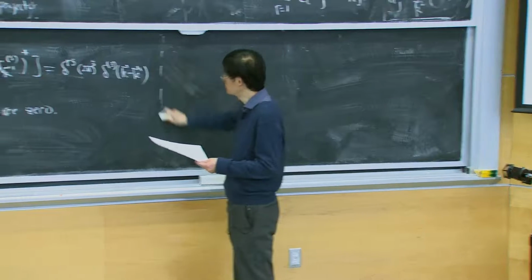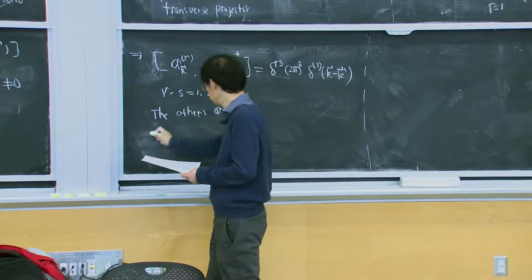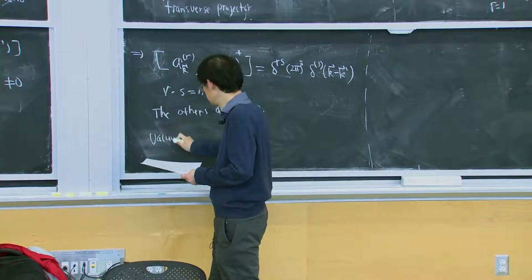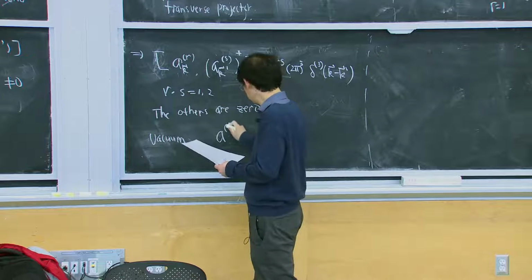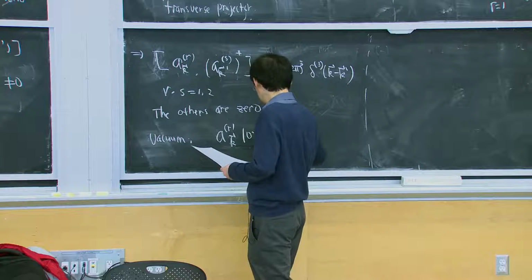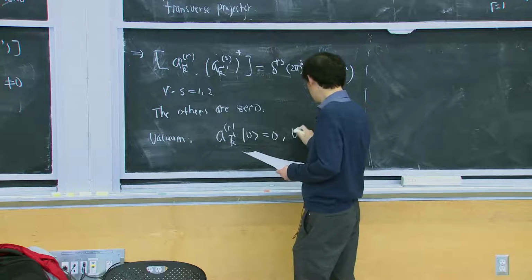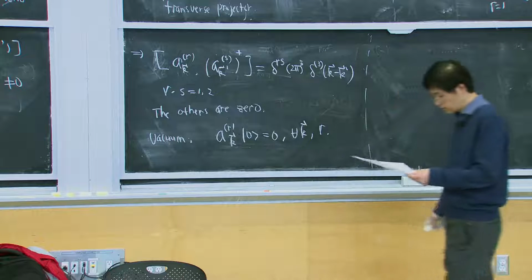We obtain the Hilbert space again just from what we do. So we specify a vacuum by requiring that a_{k,r} annihilates the vacuum, for any k and r, r equal to 1 and 2.